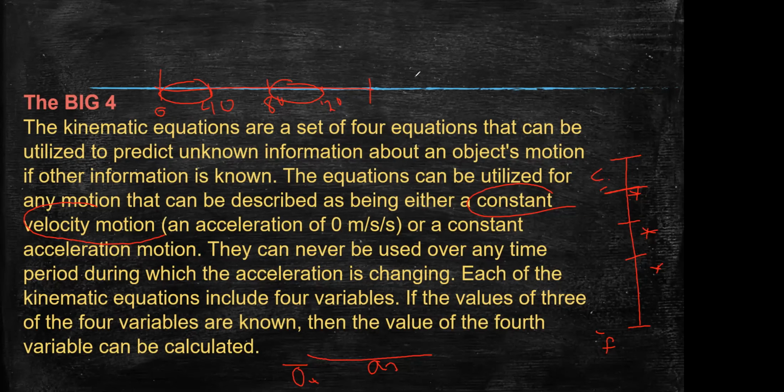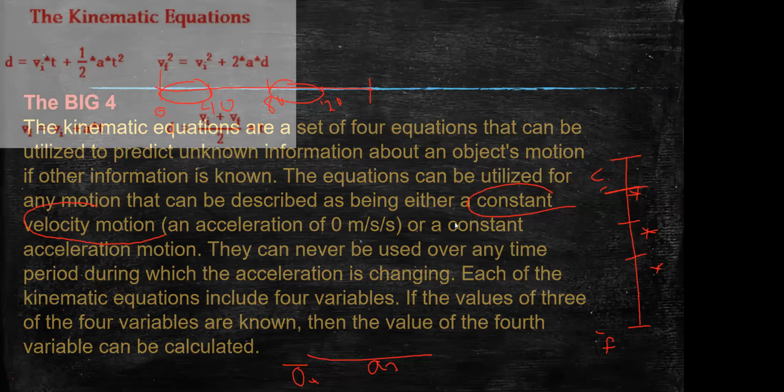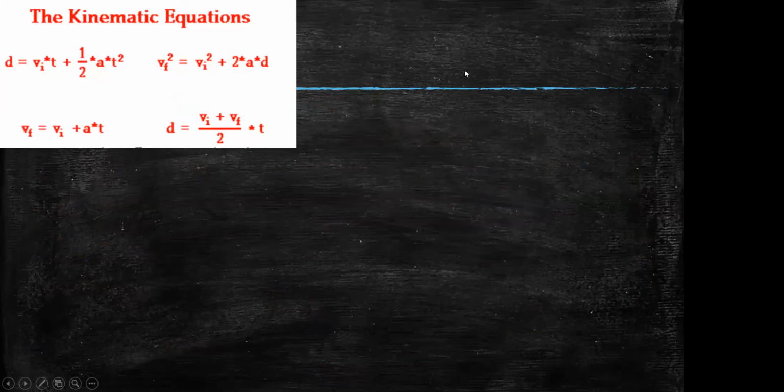If the values of three of the four variables are known, then the value of the fourth can be calculated. Let's see now, what are these equations that help me to find the unknown information?